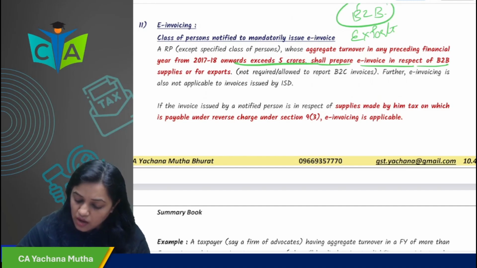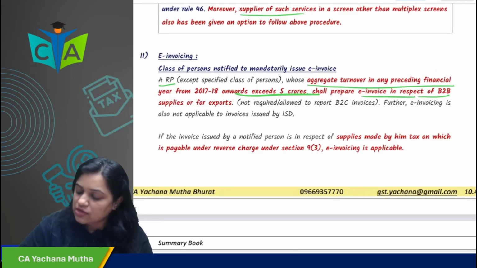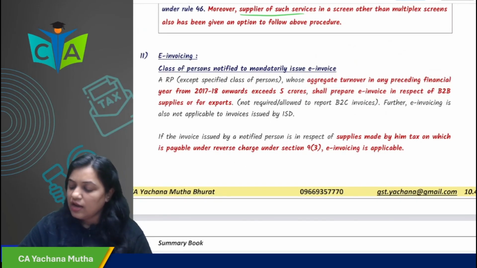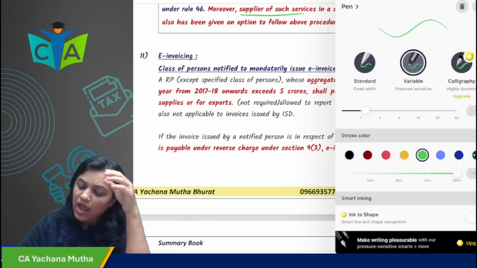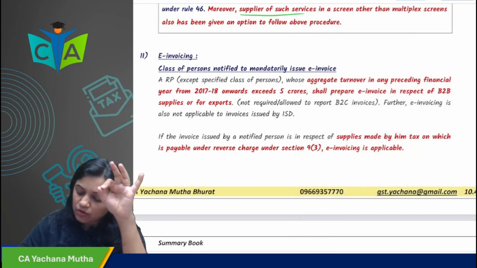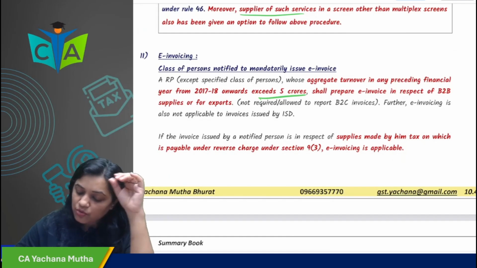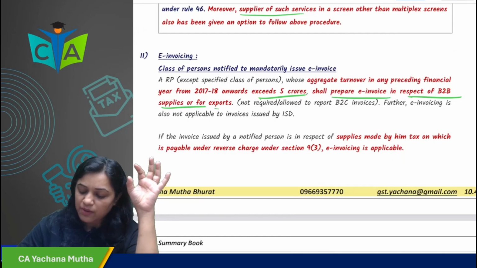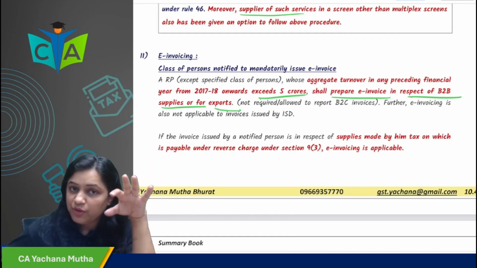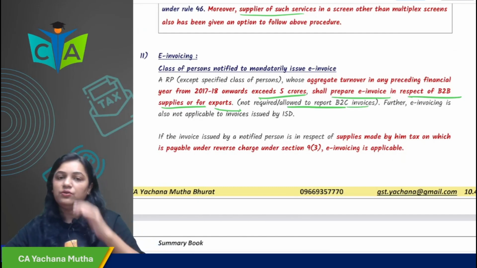Like in 17-18, 18-19, 19-20, 20-21, 21-22, 22-23, in any year your aggregate turnover exceeds 5 crore rupees. So you are required to prepare what? You are required to prepare e-invoice in respect of B2B supplies as well as for exports. You are not required to report B2C invoices.